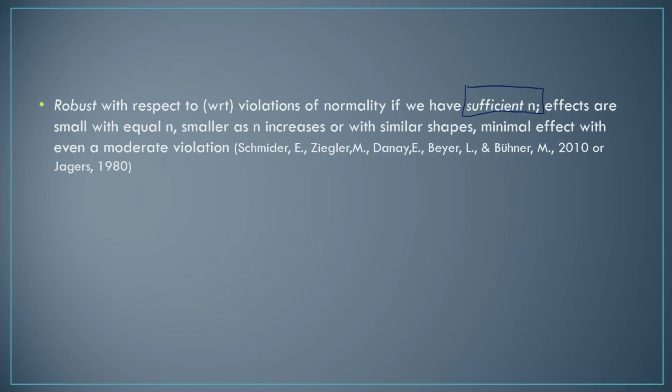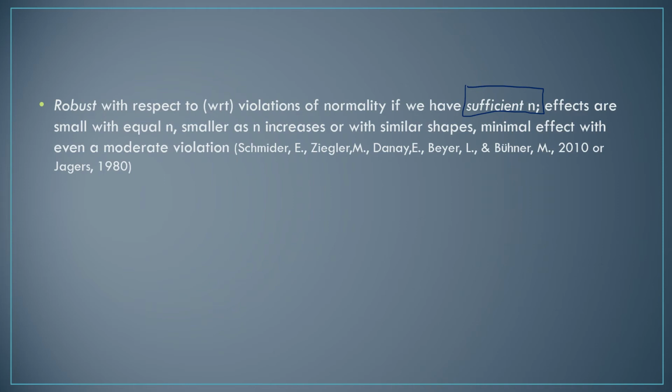So if you have larger sample sizes, then you can show that you have tested for this normality of the errors, but if you find a violation in this assumption, then you're able to say that with the sufficient sample size that we have for our study, ANOVA is robust enough to account for that violation of normality.